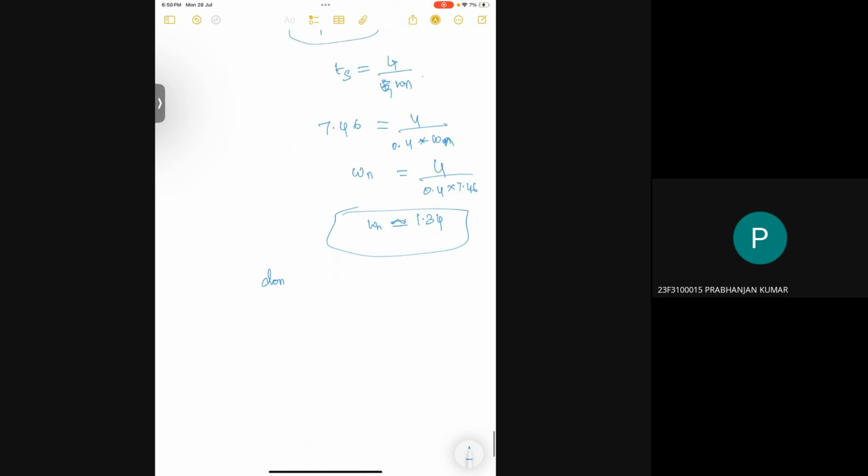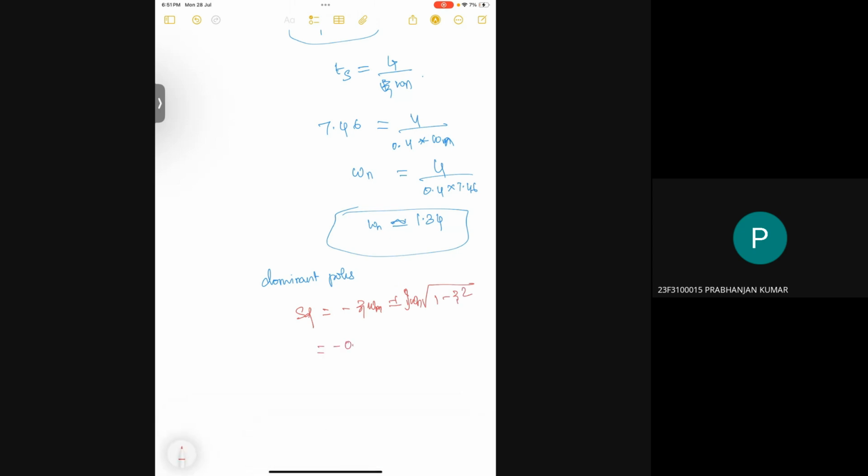So dominant poles can be found using the formula s_d equal to minus zeta omega n plus or minus j omega n into root of 1 minus zeta square.